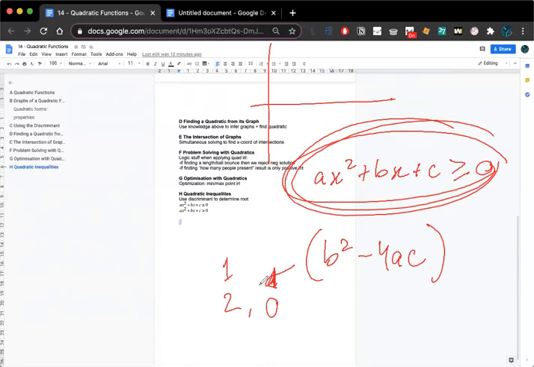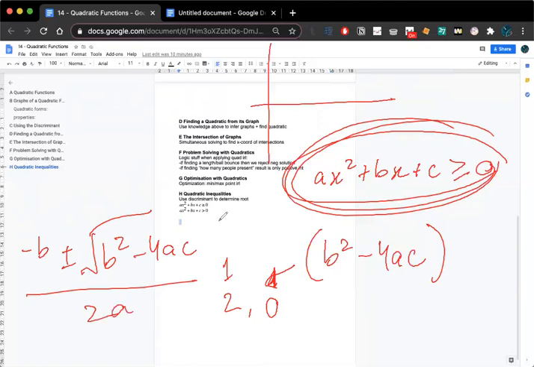So you don't have to bothersomely plug a, b, and c into the quadratic formula, especially if the numbers are really whack. By finding it, you can estimate, oh, maybe it would only have one solution, so maybe it's easier to factorize it.